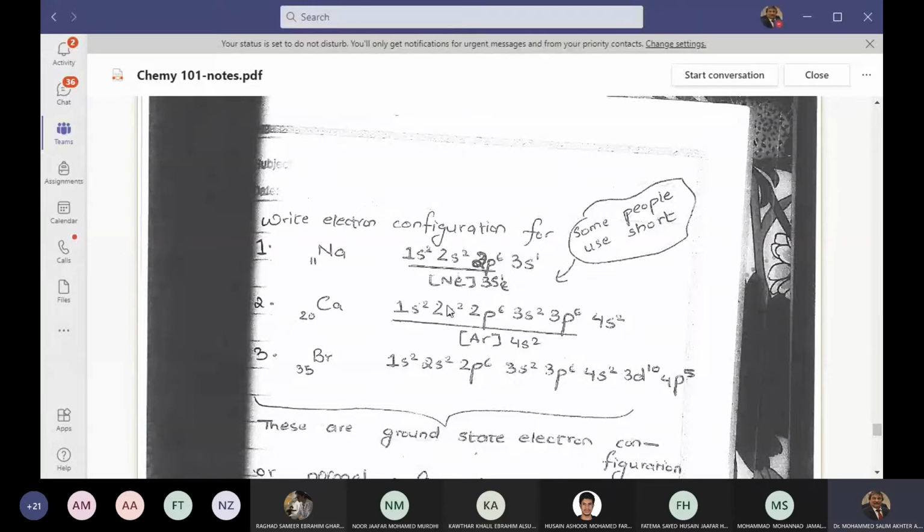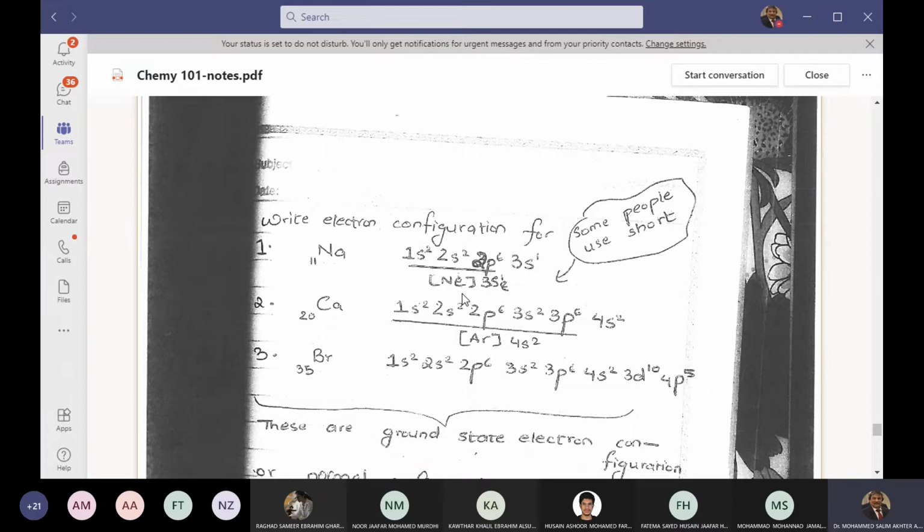I have done it in 2 ways. One is called normal configuration or ground state configuration. Or can I write it in the short form, or in the simple form?